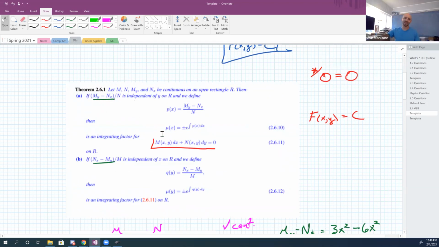Yeah, I believe that to be true. So I believe that if you can write a differential equation as M dx plus N dy, and M and N are both sufficiently continuous, then there exists a solution, it's unique, and the way you can find it is with an integrating factor. The problem is that just because there is an integrating factor doesn't mean you can find it. Jeez.